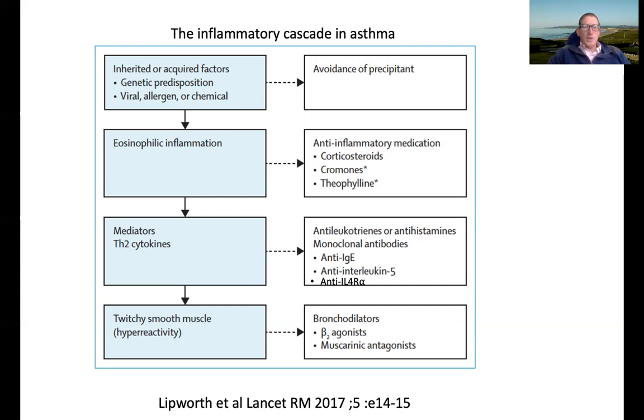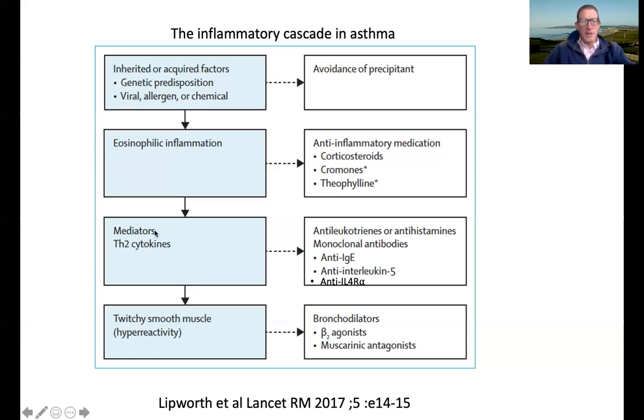The soil is, if you like, the genetic loading or predisposition, and the seed could be something like a virus, an allergen, or a chemical. That then triggers off the type 2 inflammatory cascade, with particularly eosinophils. 90% of asthmatics are eosinophilic, about 10% are non-eosinophilic.